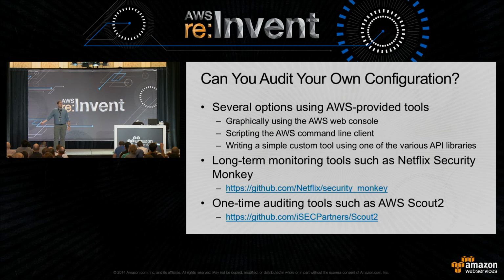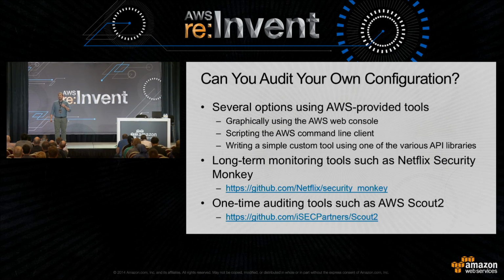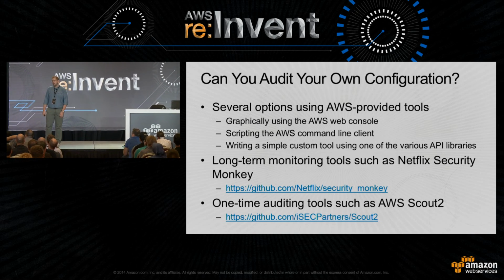There are long-term monitoring tools out there. There are a bunch of vendors out on the floor who probably have things that you can use. You can also use some open source tools like the Netflix security tools, which will go through and actually monitor long-term and watch for changes in your configuration.